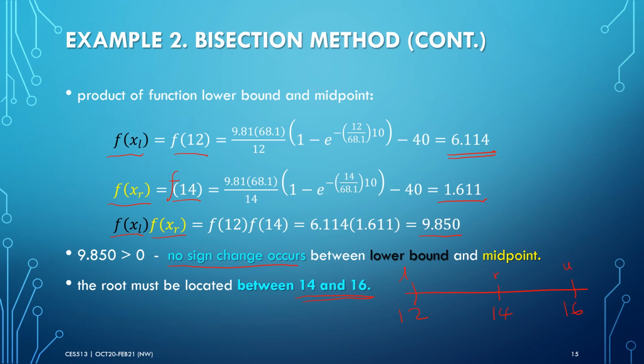If we test the function of the lower bound multiplied with the function of the estimated root, and we get positive here, that means there is no sign change between the lower bound and the estimated root. So it means that there is no root between 12 and 14, and the root must lie between 14 and 16.